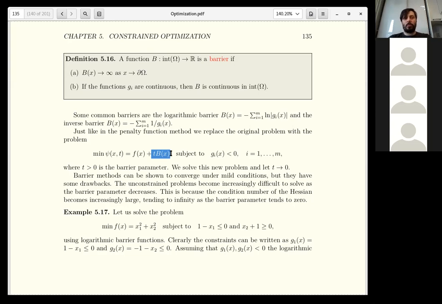So there are some drawbacks. The barrier parameter now has the opposite problem to the penalty parameter. We had the penalty parameter, R times something, and R has to increase, and it becomes numerically problematic when R is very big. But here, the barrier parameter t should go down.